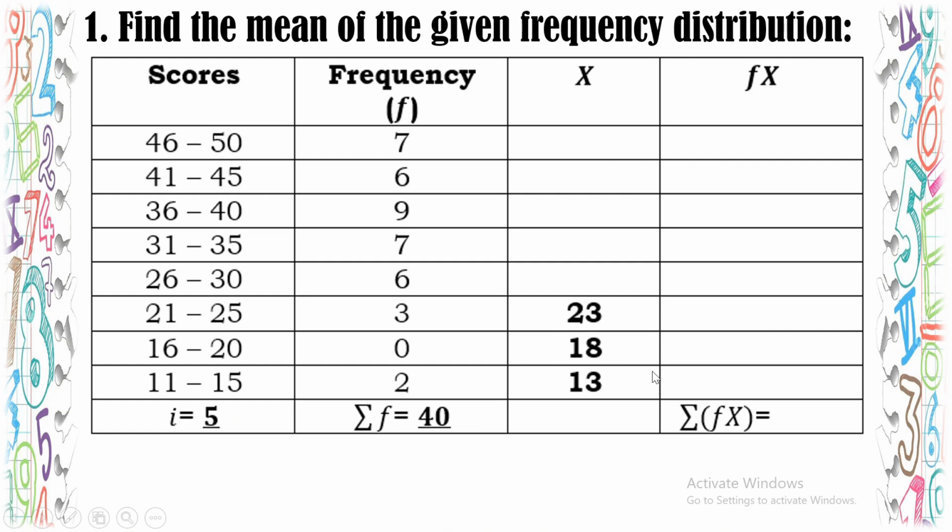So, we have 23. Plus 5, it's 28. Plus 5 is 33. Plus 5 is 38. Plus 5 is 43. Plus 5 is 48. Let us check using the highest class interval. We have 50 plus 46. That's 96 divided by 2 is 48.